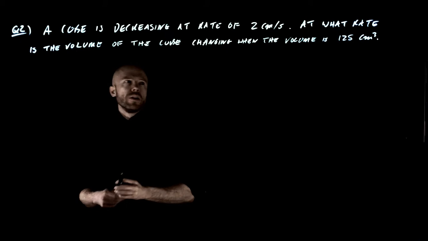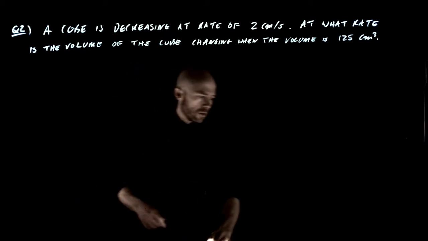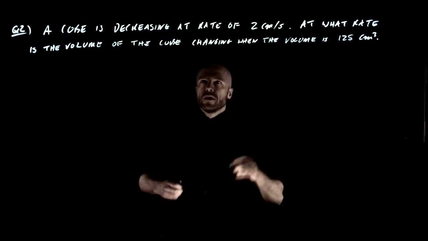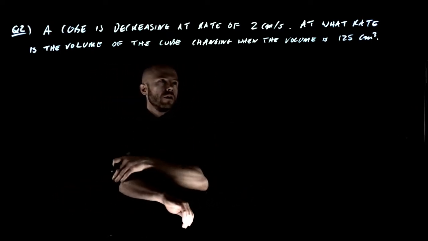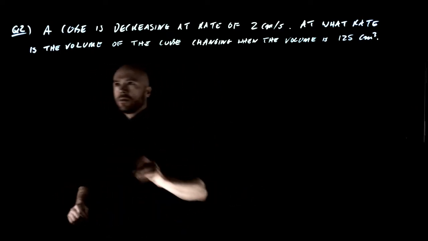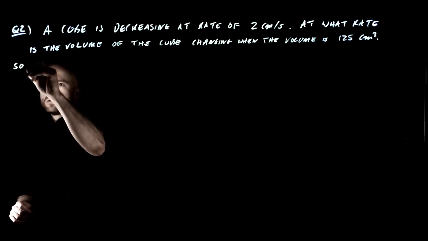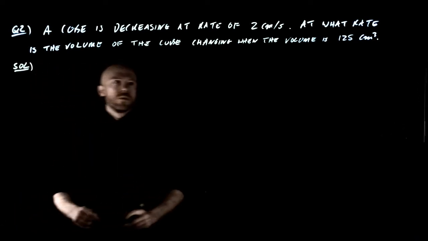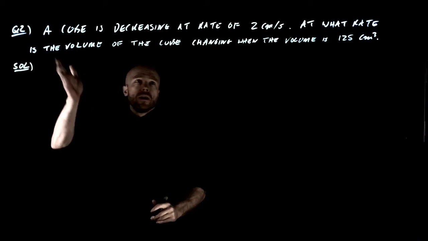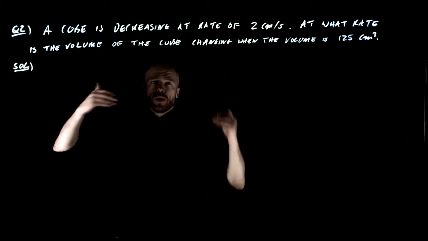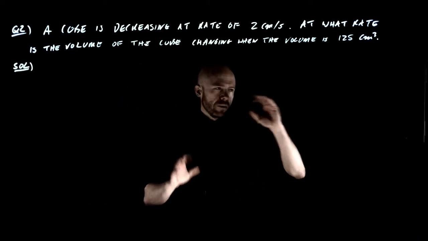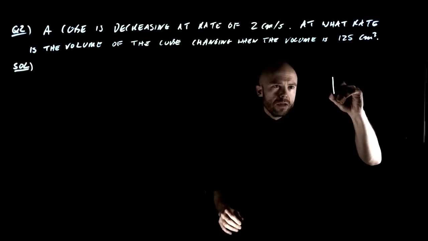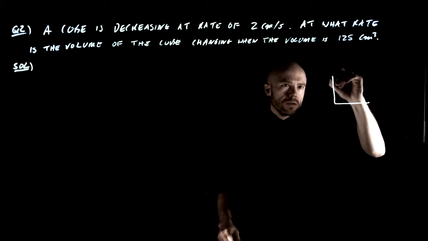so this is a related rates question. It's a topic we talked about a fair bit. It's something I particularly like to talk about. So let's work through it. So how do we start? We have this stuff in the language of words, and our first thing is we're going to draw a diagram to kind of clarify what is going on for us.